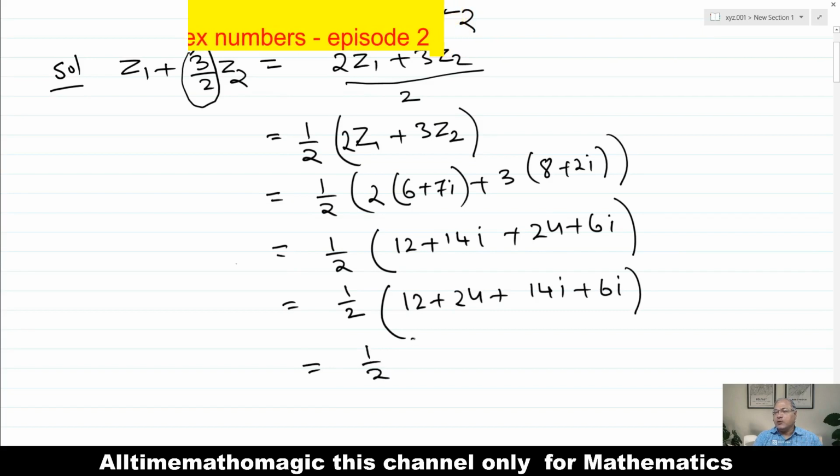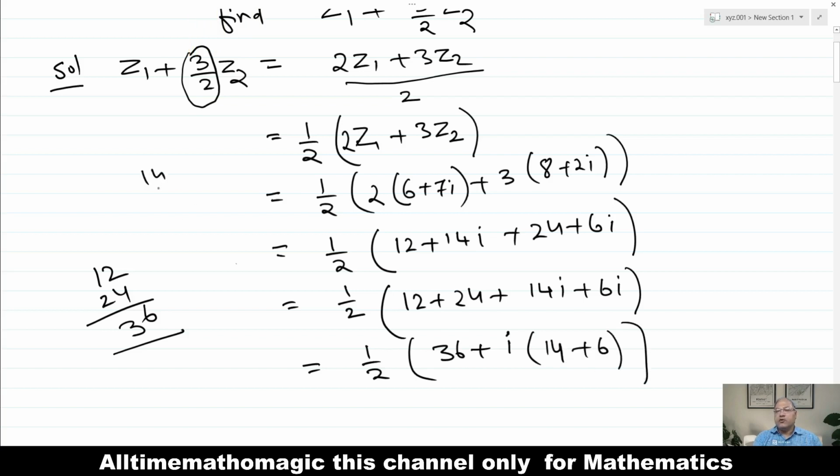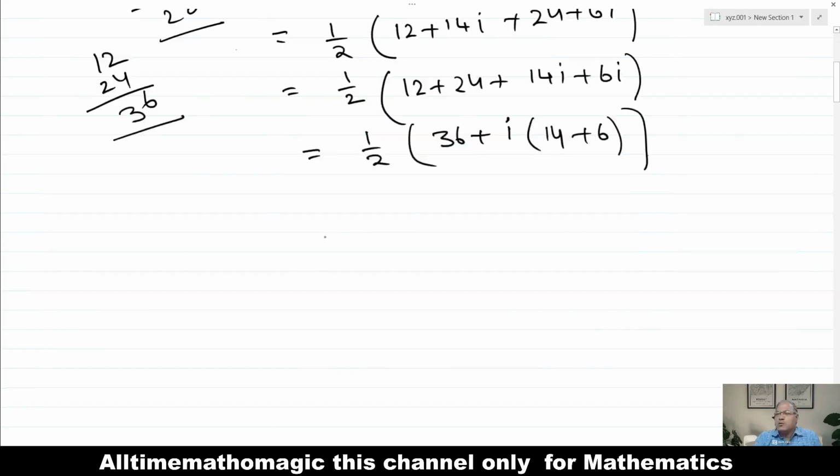Here 1 by 2. Then the addition of real part 12 plus 24, that is 36, and we take i common, then 14 plus 6, that equals 20.